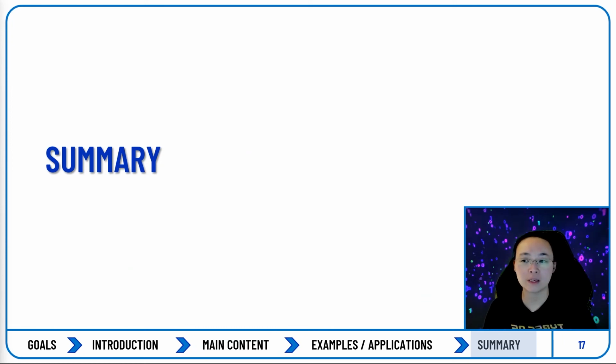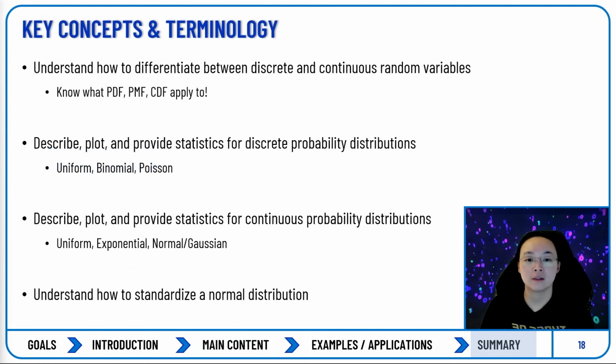So just as a summary, what did we learn? In this chapter, we learned actually quite a bit of different concepts. We learned how to differentiate between discrete and continuous random variables. We definitely have to know what the difference is between PDF, PMF, and CDF.